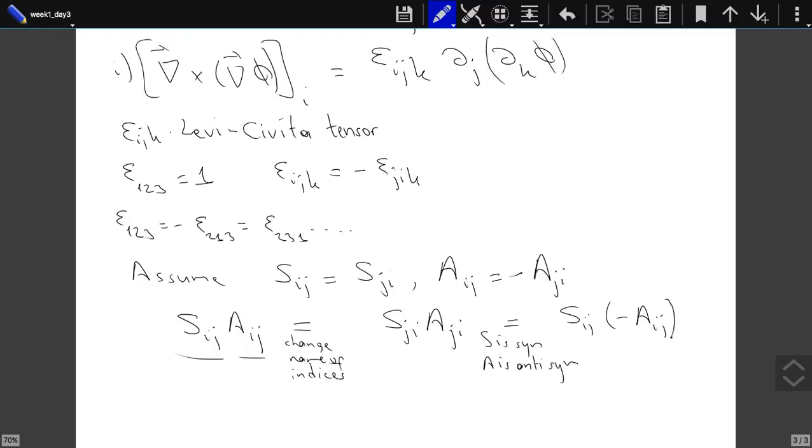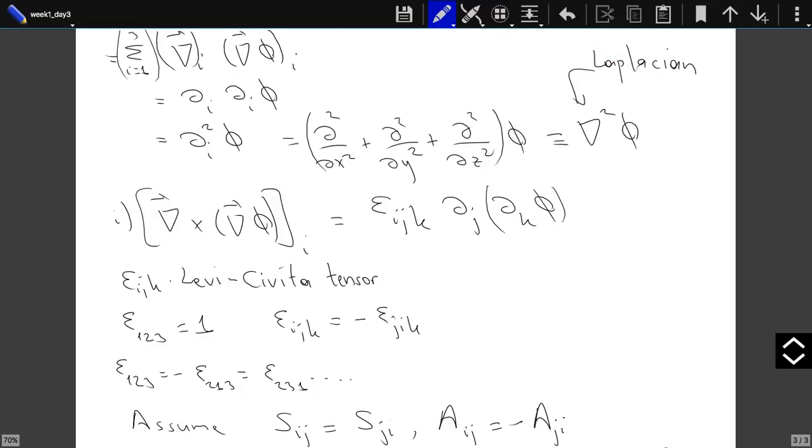But you see, I started with Sij Aij, summed over i and j. I ended up with the same thing summed over i and j with a minus sign. So something is equal to minus itself only if it is 0. So this just tells me that Sij Aij is equal to 0.